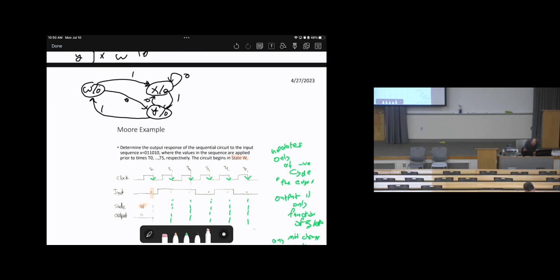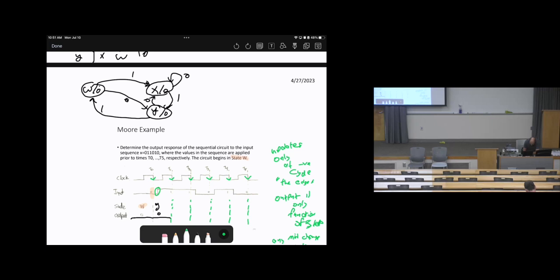If the input is 0 when we are at W, the next state is Y. So the next state will be Y, and the output will be 0 as well. You see here there is a mid-cycle change, but it will not affect anything.